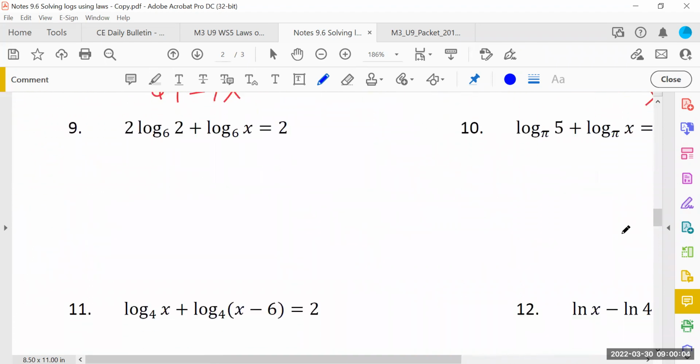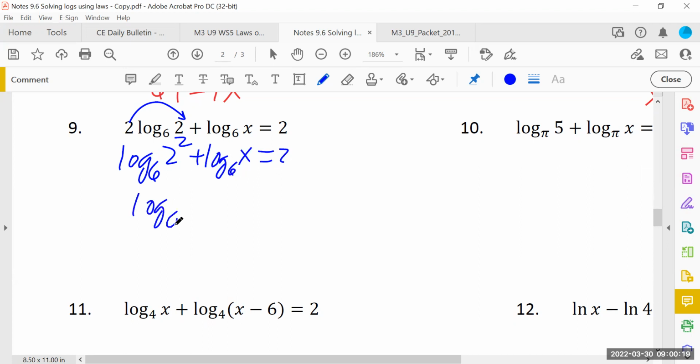Number 9, 2 comes up, becomes log base 6 of 2 squared plus log base 6 of x equals 2. Put these two together. Log base 6.